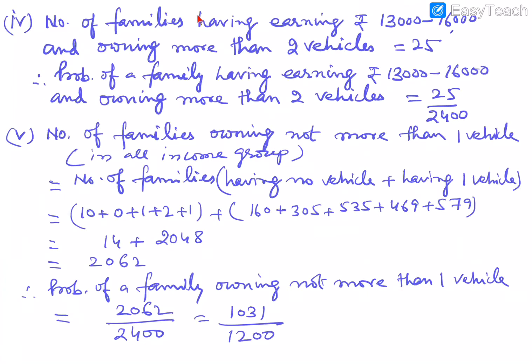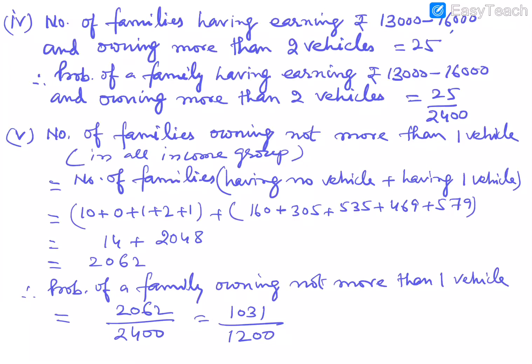In the fifth part, the number of families earning rupees 13,000 to 16,000 and owning more than 2 vehicles is equal to 25. So, the probability of a family chosen at random earning rupees 13,000 to 16,000 and owning more than 2 vehicles is equal to 25 upon 2,400.